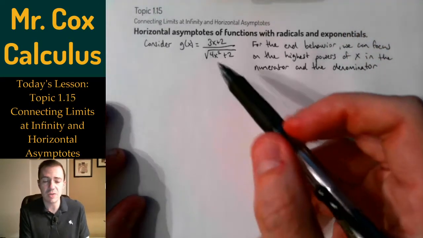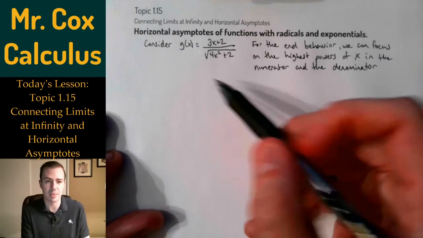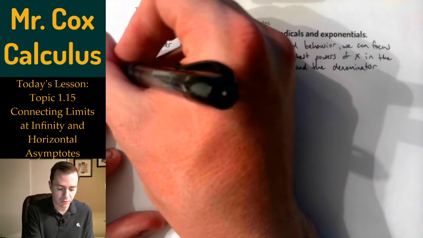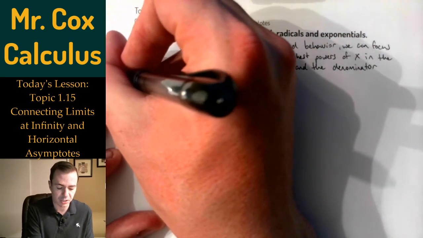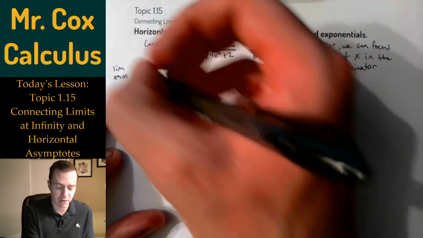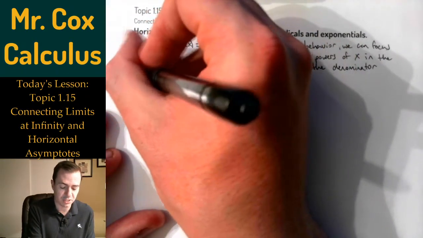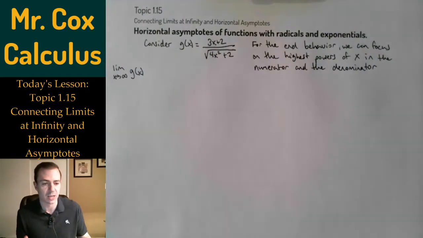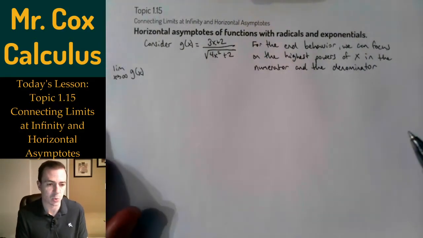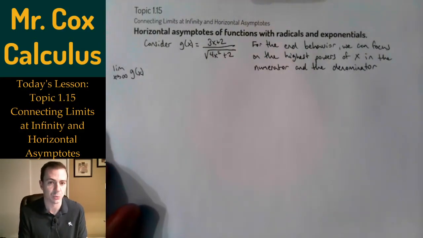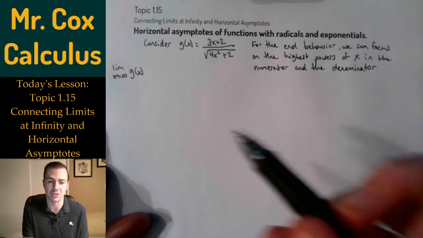And so if I do that, very similar to the previous video, I'm going to look first at the limit as x approaches infinity of g of x. For this particular example, I'm also going to look at what happens as x approaches negative infinity as well, because we get kind of an interesting result.